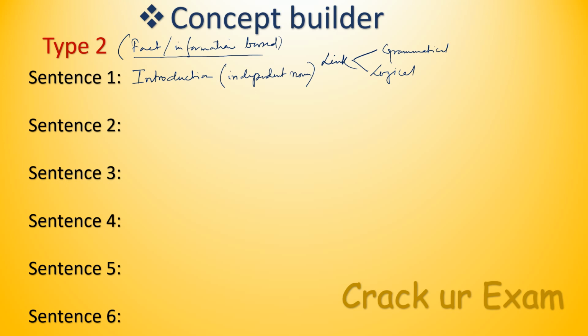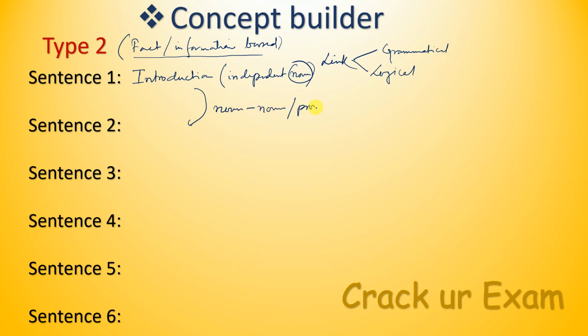Now, as you have got a noun here, the most probable link will be a pronoun. In the next sentence, you may have the same noun or a pronoun, so there may be a link between noun and pronoun, or between noun and noun.